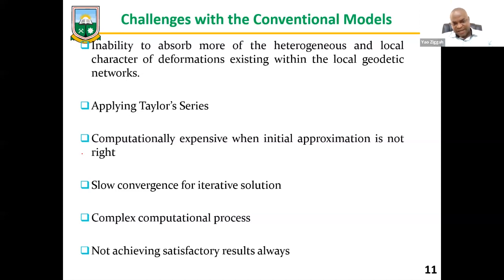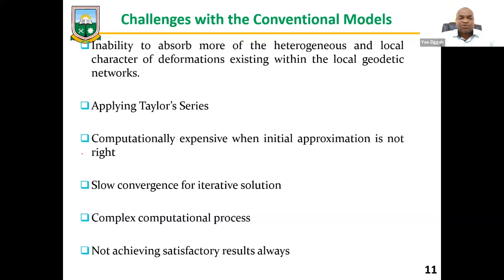Because of that, the conventional models find it difficult to absorb the heterogeneity existing in the system. Some of the methods too, you need to linearize nonlinear equations by applying Taylor series, which is also time consuming, because the moment you apply Taylor series on an equation to linearize it, it becomes an iterative solution. And even when you guess the initial approximation wrongly, the system becomes computationally expensive.